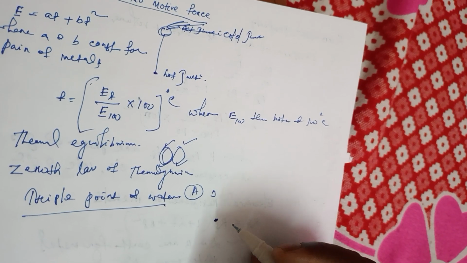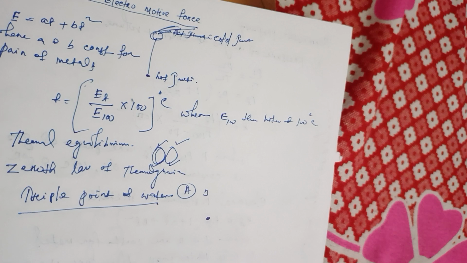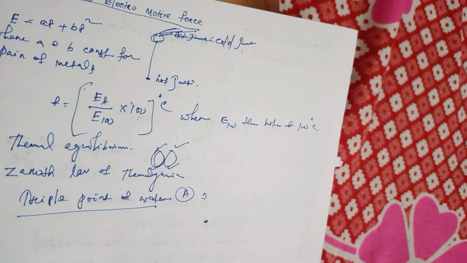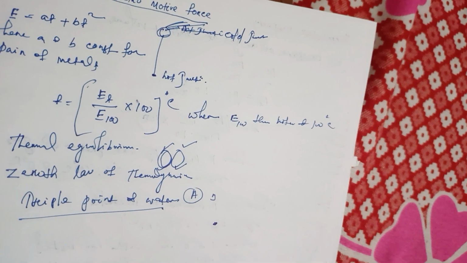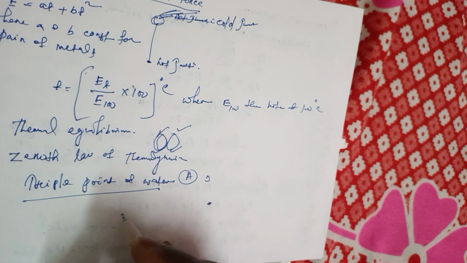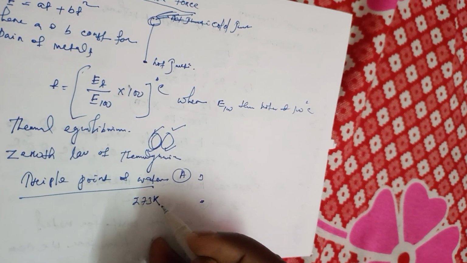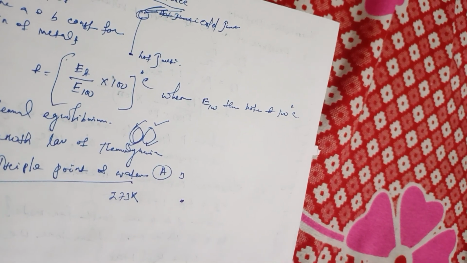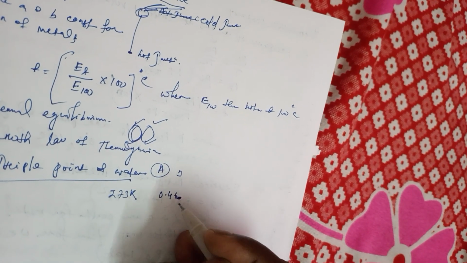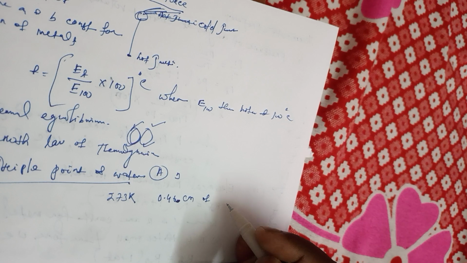The triple point of water is 273 Kelvin temperature and 0.46 centimeter of pressure.